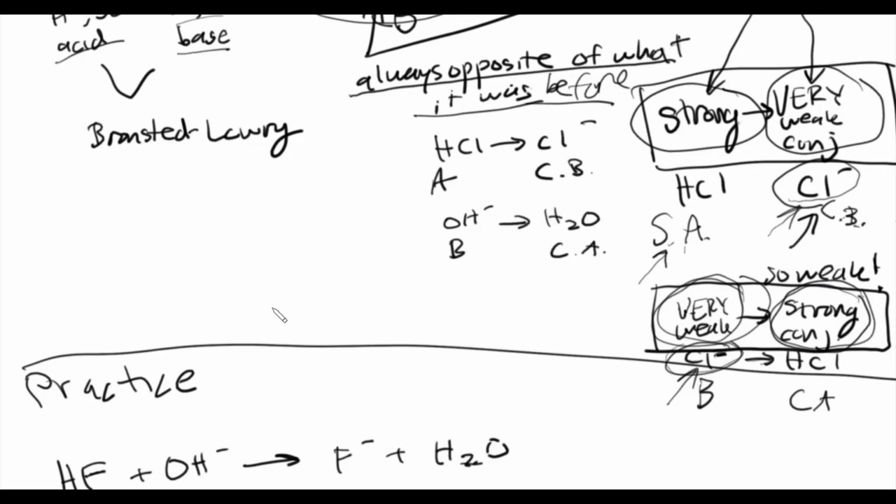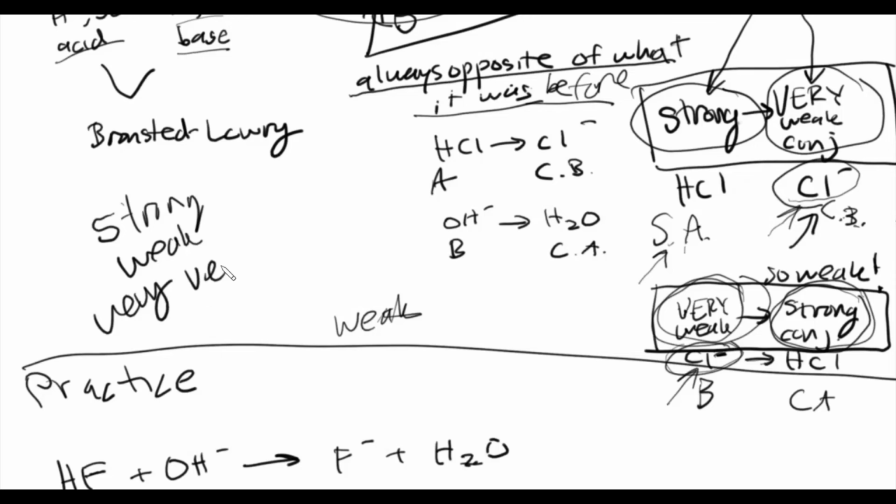Now what if you have, let's just say, a weak one? So you might be confused about what weak and very weak is, but these are the three types of hierarchies I want you to know. There's strong, there's weak, there's very weak. And very weak essentially means that it's not even like a base.